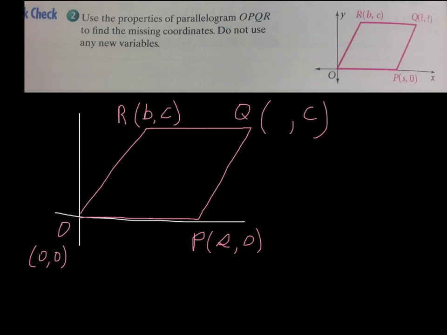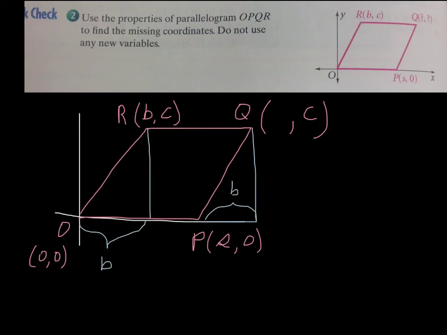To get the x-coordinate of Q, I'm going to form a right triangle with R, and hopefully everybody would agree that this distance right here is B units. R is B units to the right, C units up. So when I bring this straight down, this distance is also going to be B units, because those two triangles are congruent.